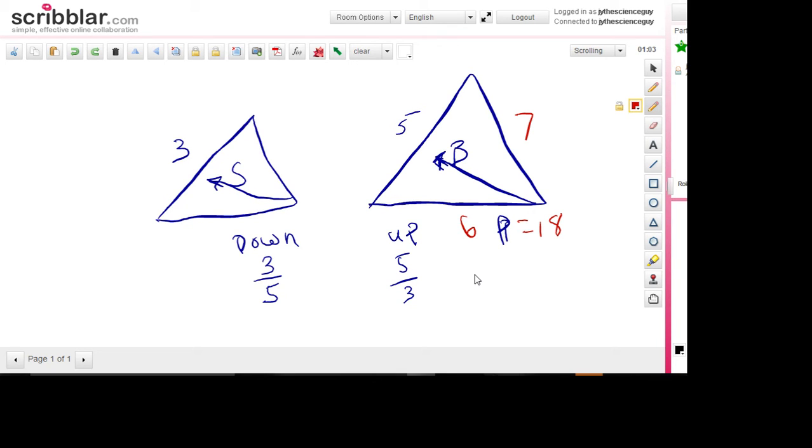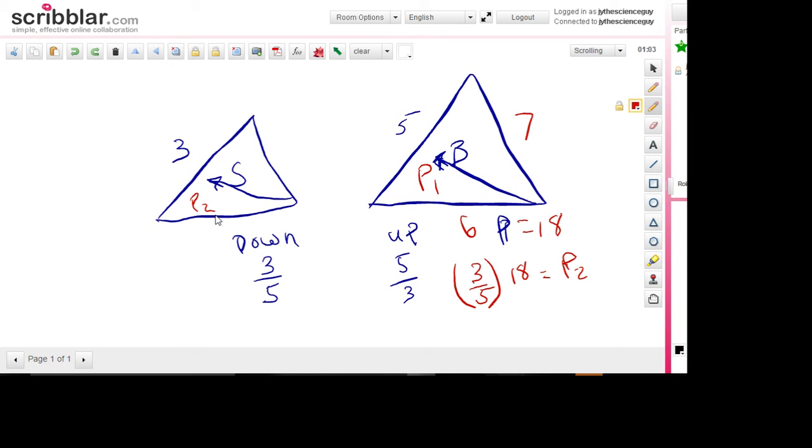So that means that 3 over 5 times 18 is equal to my second perimeter. So this is P1 and this is P2. So I need to find that second perimeter. And it's not going to go in evenly.